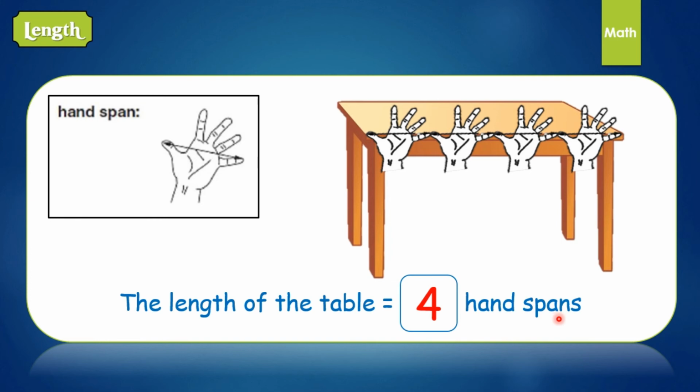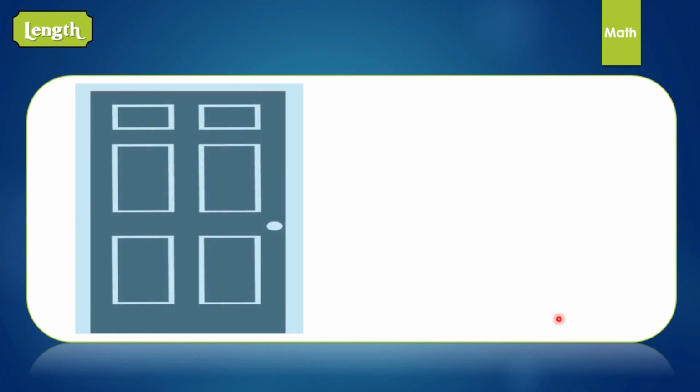Okay, let's take another one. This door, and I want to measure its length. How can I do it? Okay, stretch your hand and start to measure how many spans, like this. 1, 2, 3, 4, 5.